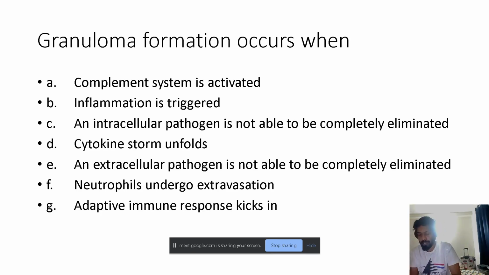That's the idea of granuloma. Inflammation need not occur. In TB, there's not much inflammation inside your lungs, so granuloma does not depend on inflammation. It most likely occurs when an intracellular pathogen is not able to be completely eliminated by your immune system.